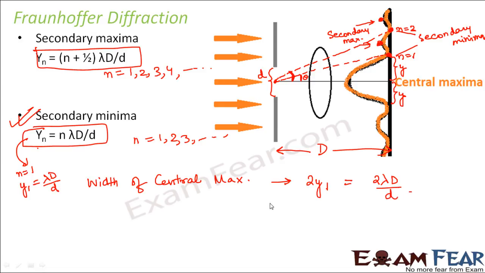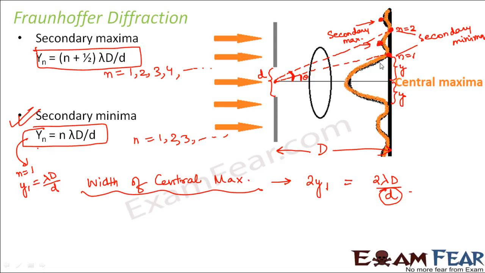Looking at this, you can see that the width of the central maxima is inversely proportional to small d. That means as the width of the slit increases, the width of the central maxima reduces. If you have a bigger slit, the central maxima will be small.